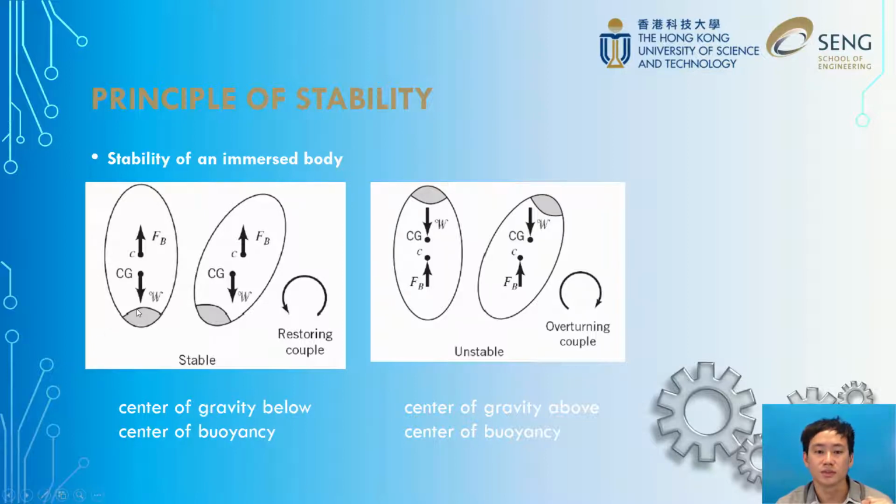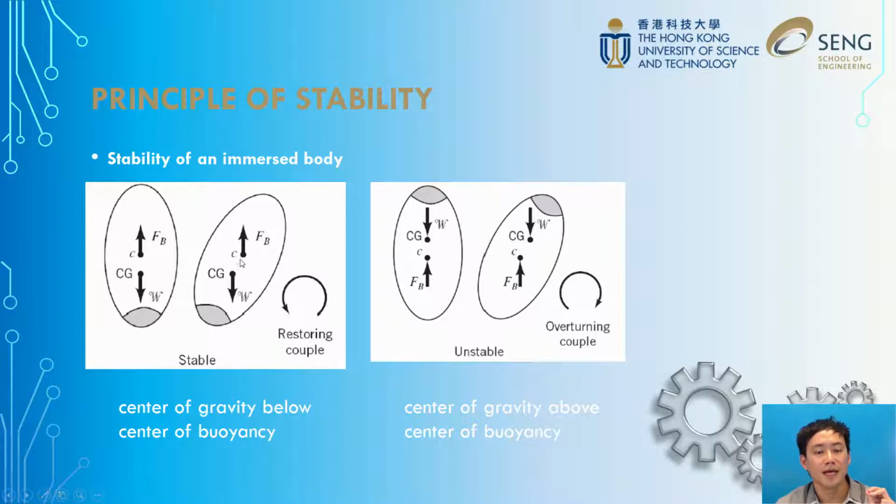According to this picture, if I push it a little bit, if it rotates in the clockwise direction a little bit, you can see that you start to have a moment. The two forces are still canceling each other, but because they now have a different horizontal position, they generate a rotational moment combined together.